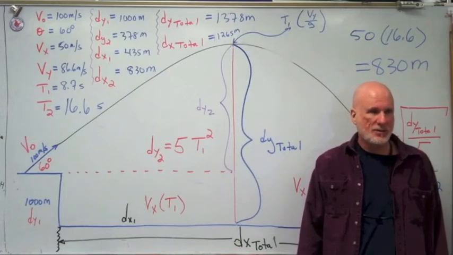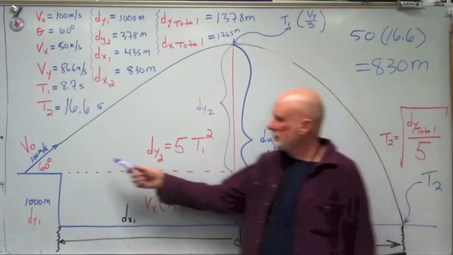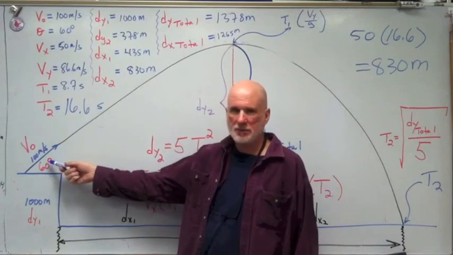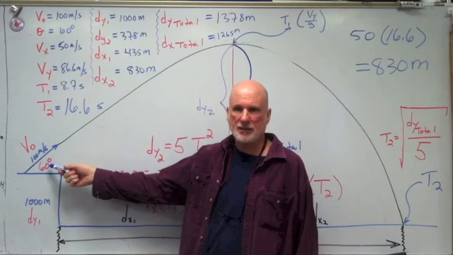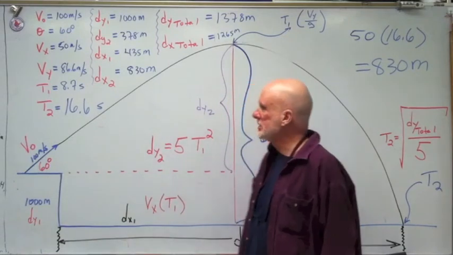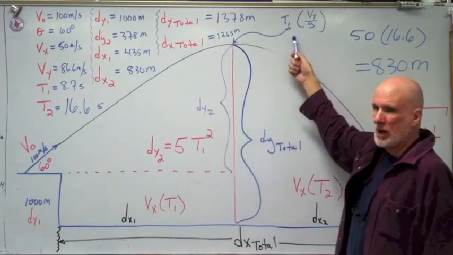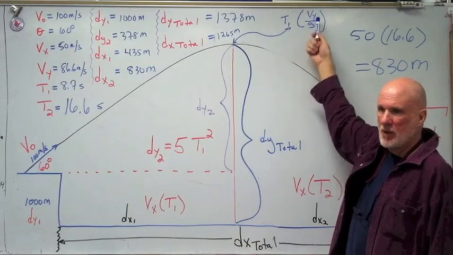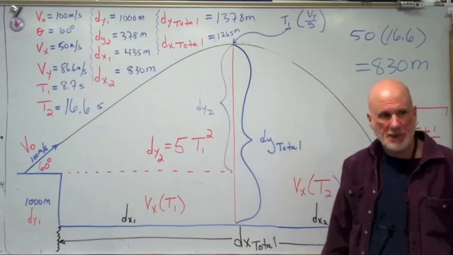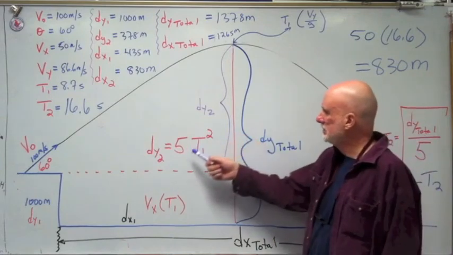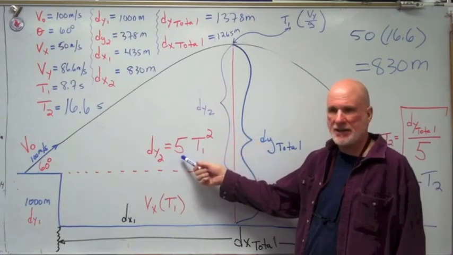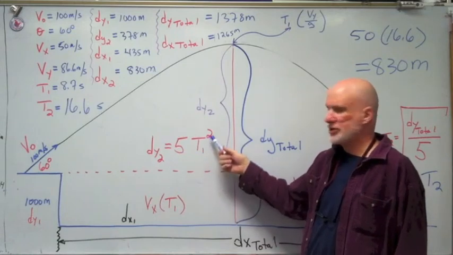What did I do? Step one: convert to components Vx and Vy. Next, get T1, Vy divided by g. Next, how far is that? 5 T1 squared.